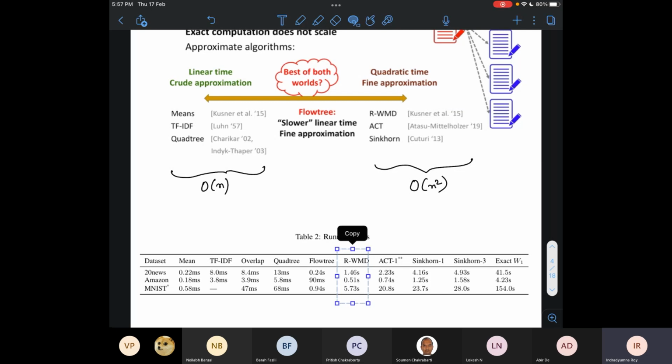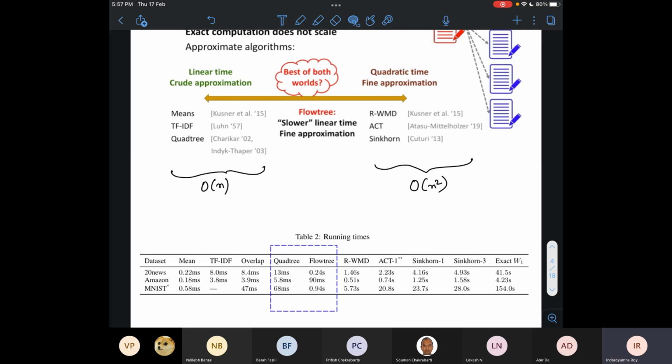Again, that's an approximation, but it's still quite fast, as you can see. The ACT-1 paper was a follow-up paper in 19, which tries to add some mass constraints to this relaxed WMD work. So it became a bit slower, but it gave increased accuracy.